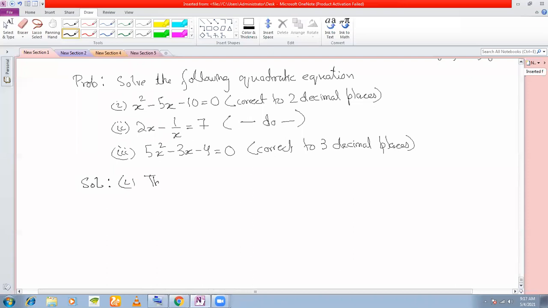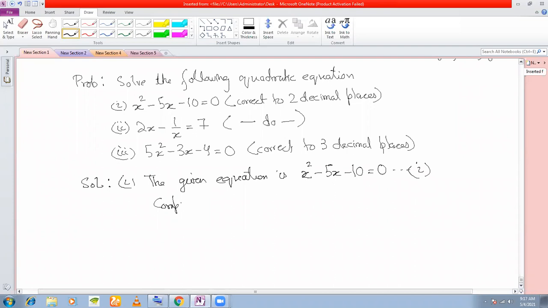The given equation is x square minus 5x minus 10 equal to 0. This is already in standard form. We call this 1.